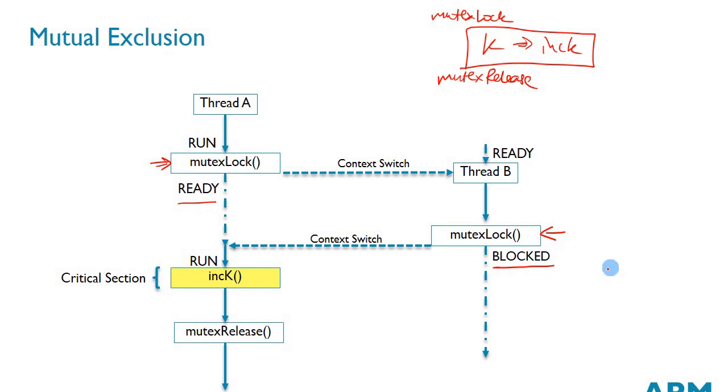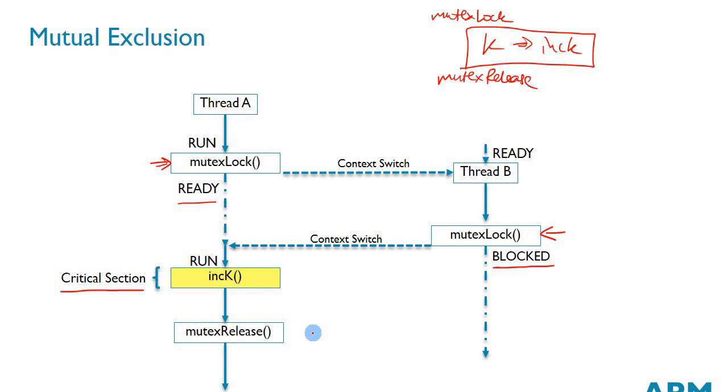Because of that, it will go into a block state. Since it goes into a block state, the scheduler will be invoked again, and if there are no other tasks in the system, then of course I'll do a context switch back to thread A. Thread A will then go from ready back to run state, and it will be able to access the critical section of the code, which is increment K, and when it is done, it will eventually release.